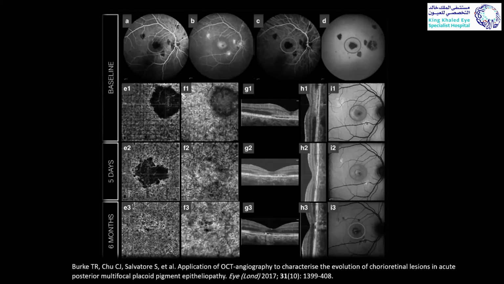This indicates that the autofluorescence lags behind the changes in angio-OCT, OCT, FFA, and ICG. And this is why we should not use autofluorescence to detect the disease activity. However, we can use it to monitor the patient's progression over time.